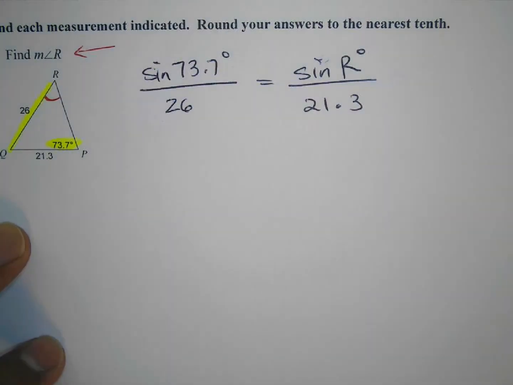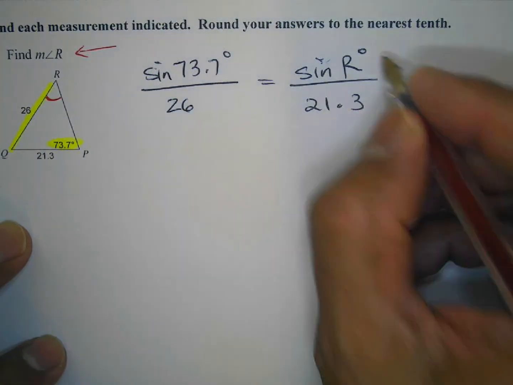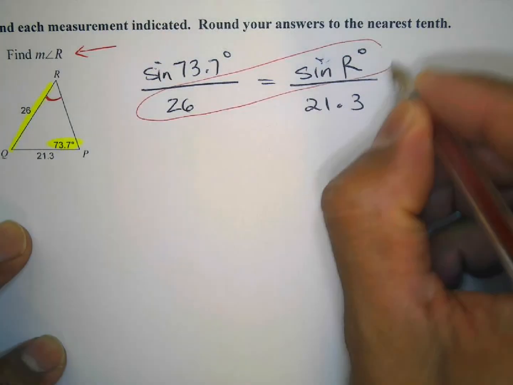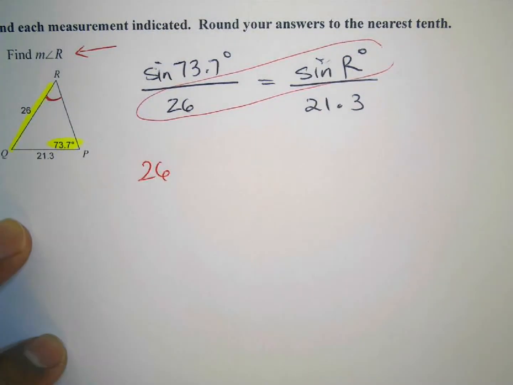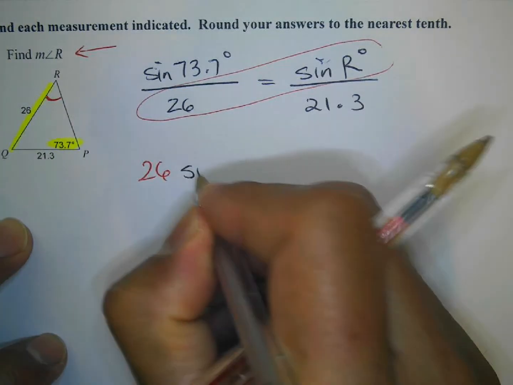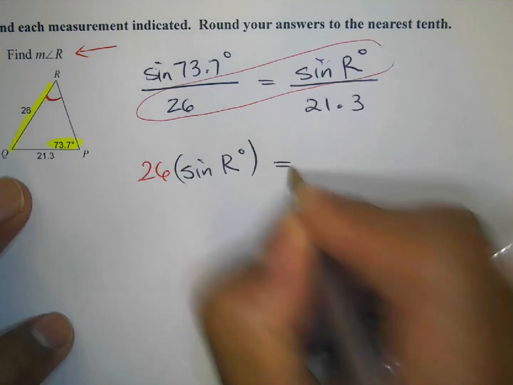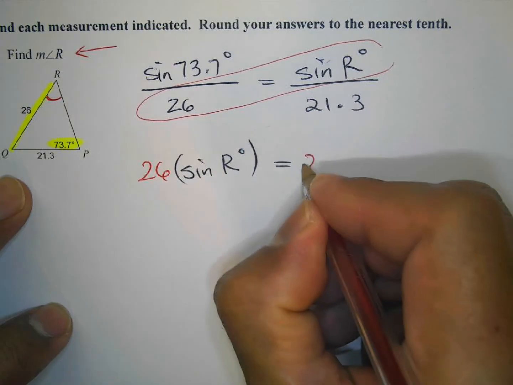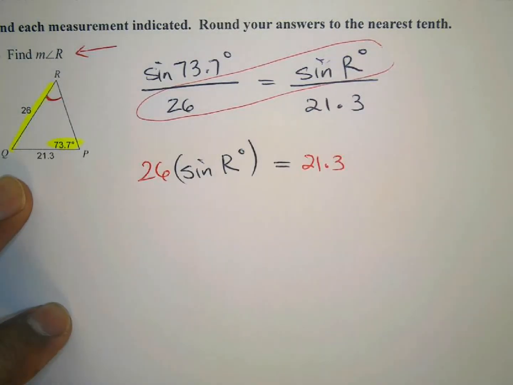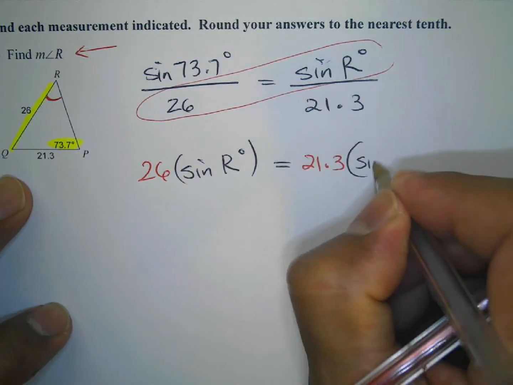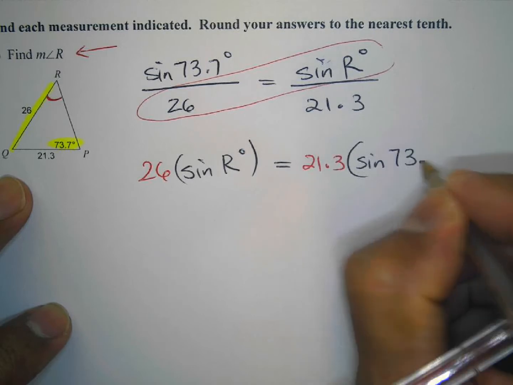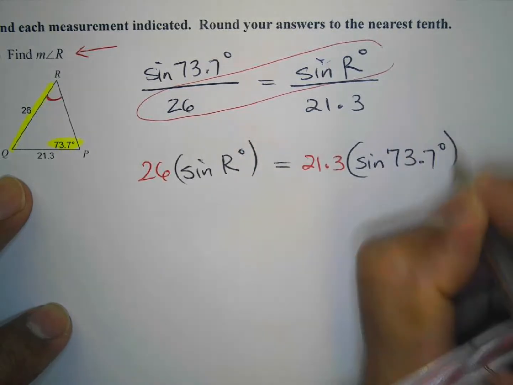And then you're going to cross multiply. So that's going to be 26 times sine of R is equal to 21.3 times sine of 73.7.